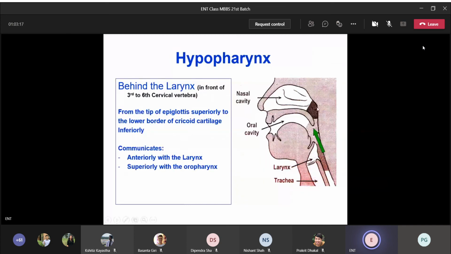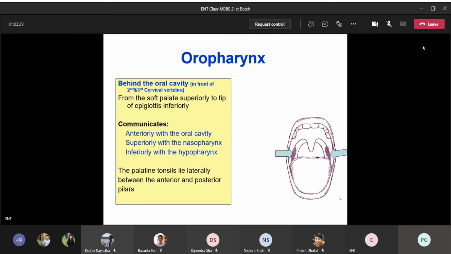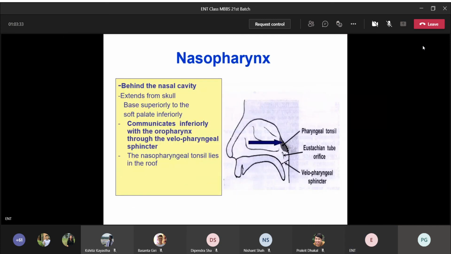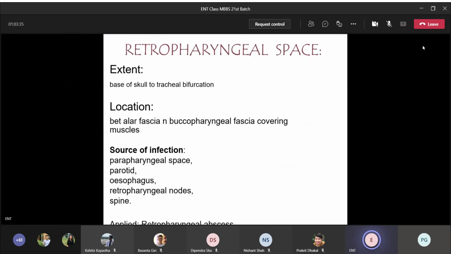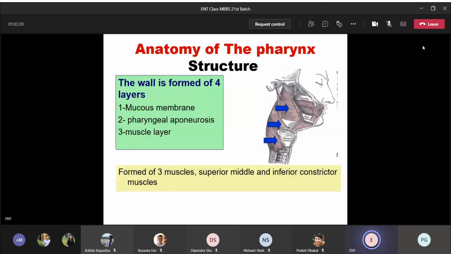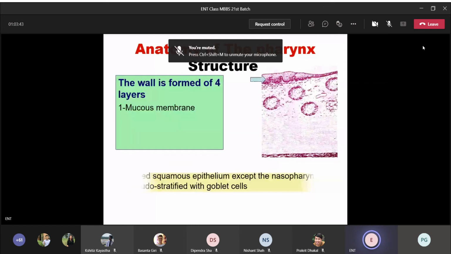See, this is the nasopharynx, oropharynx, and hypopharynx. Mainly important is this picture.